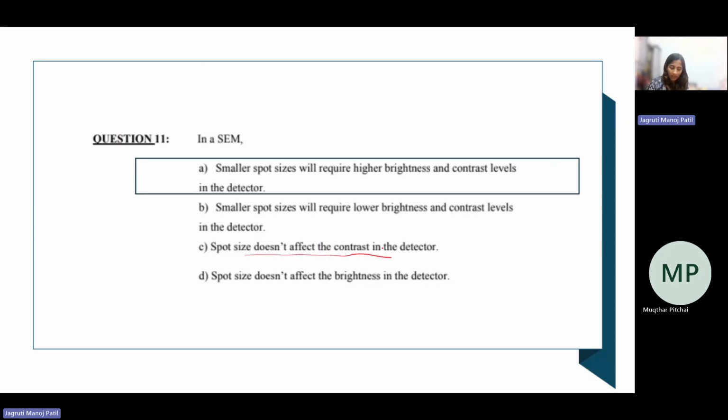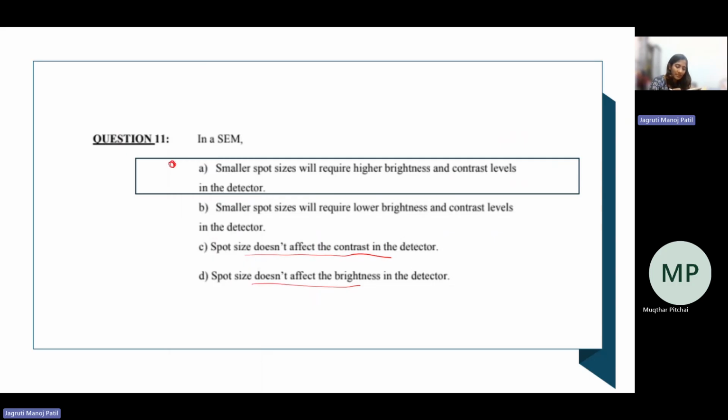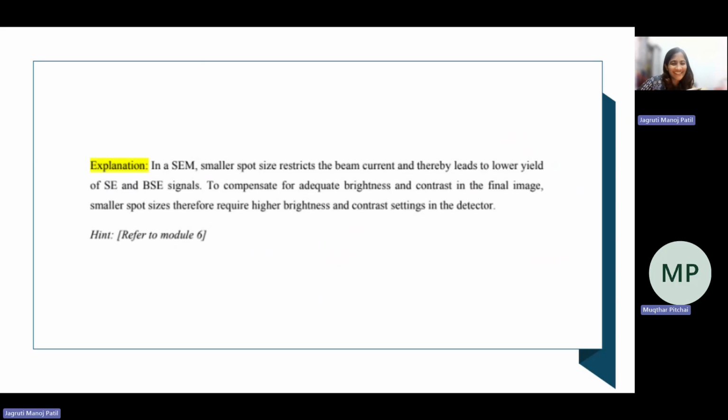Eventually, how much spread your beam has is related to how much area or spot you are trying to image. If it's less, you need more energy there so that you can get information about all the structures, and hence you can get a higher contrast eventually. Is that fine? Yes, ma'am.